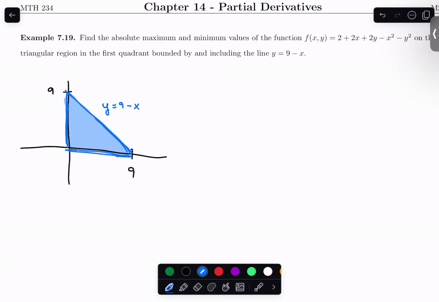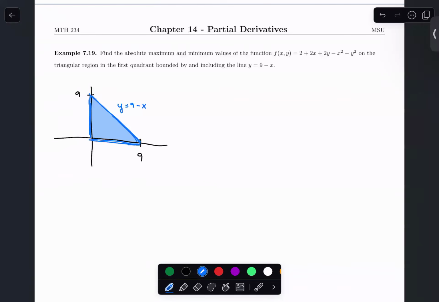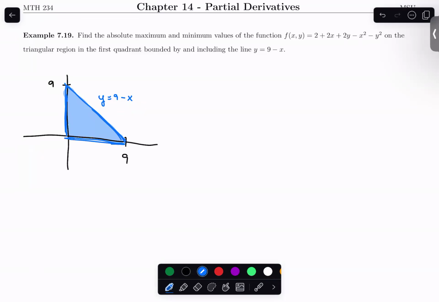So if you wonder where it crosses, if you plug in x equals 0, you get a height of 9 for y. And if you plug in y equals 0, you get an x value of 9. So it crosses at 9 up top and 9 down here. So this is what my region looks like.